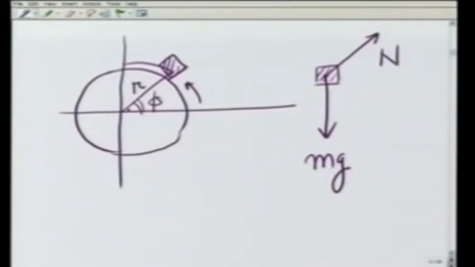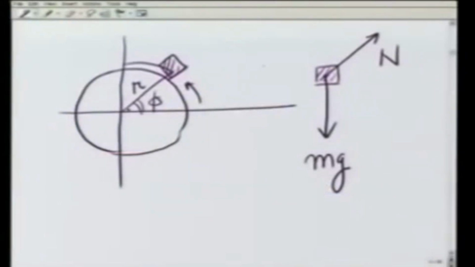And after making this free body diagram, I write the equations of motion for the block, except that this time I want to use planar polar coordinates. So at this position, the block is at distance r. The block I am taking to be here.